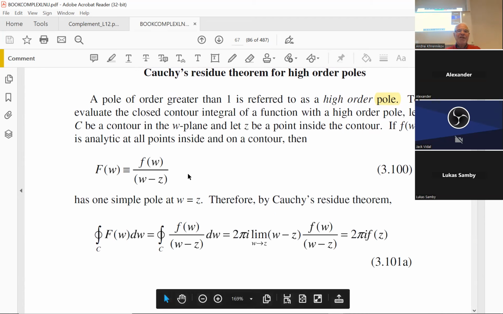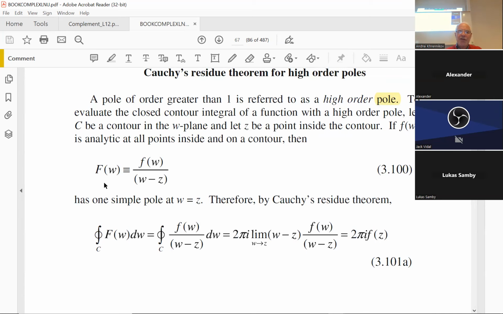So consider we have some analytic function, but let us consider this function. We just produce a singularity, or we can go the other way around. We have function f with singularity, a pole of degree 1 at the point z, and then we extract the analytic part and this pole in the denominator, one simple pole.